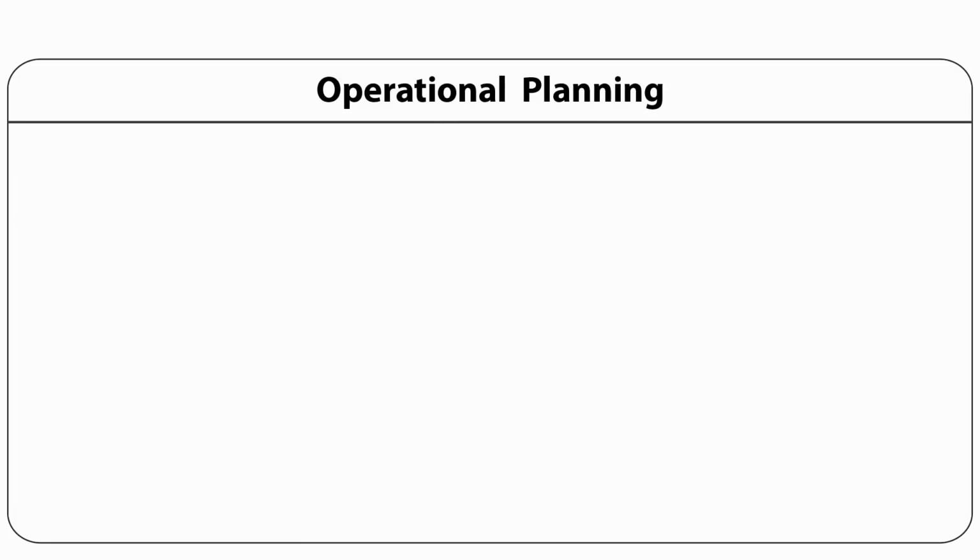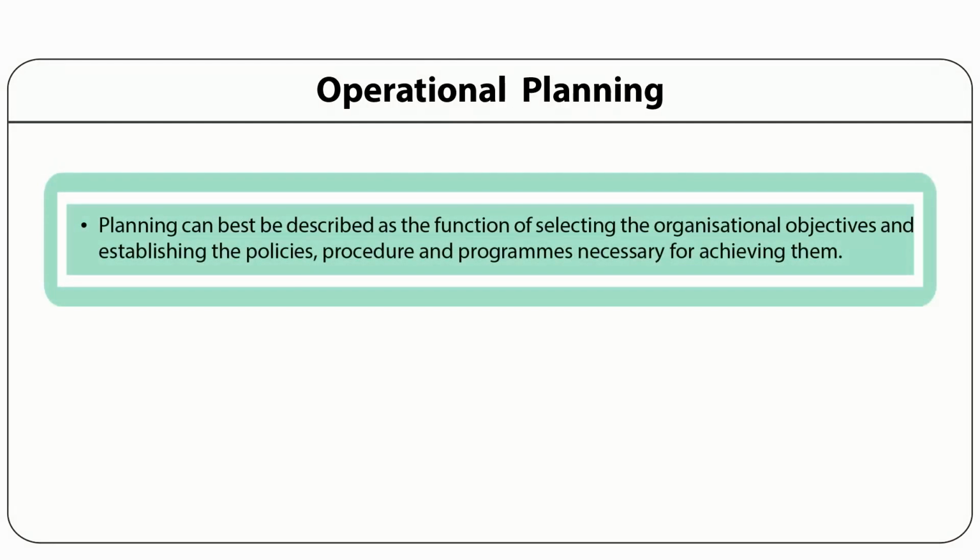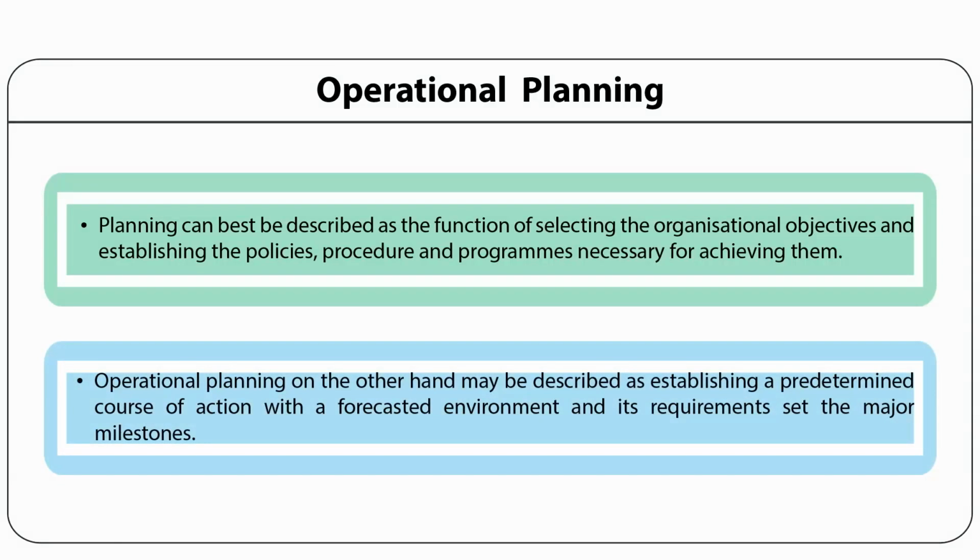Let's take a look at techniques of operational planning. Some of the major operational planning techniques are risk management, budgetary control, work breakdown structure, Gantt charts, network analysis or critical path analysis, resource histograms, milestones, checkpoints, and gates.